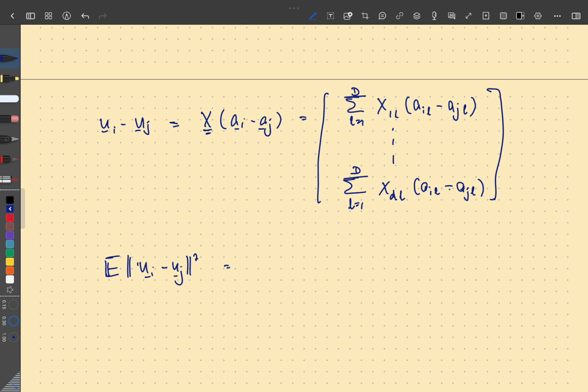This is nothing but, let me write it the following way, summation m equal to 1 to little d of the expectation of (summation L equal to 1 to d X_{mL} times (A_{iL} minus A_{jL})) the whole square.